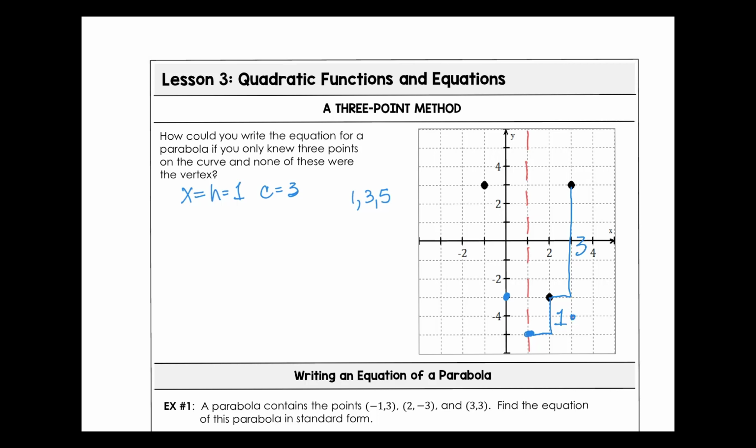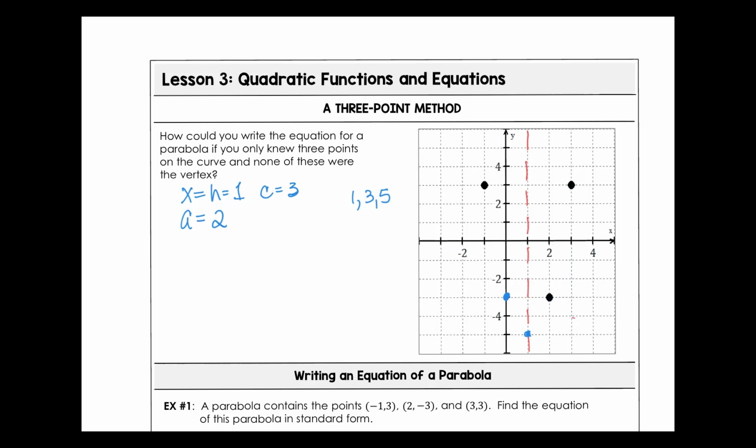But because this is by a factor of 2, and this is by a factor of 6, 1, 2, 3, 4, 5, 6, that a value must be a stretch of 2. So we could put this puzzle piece together this way and come up with a formula for our parabola.